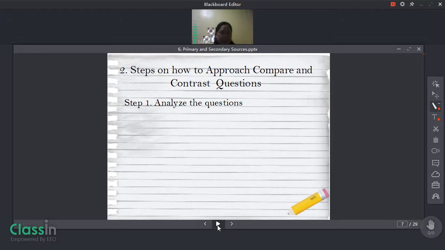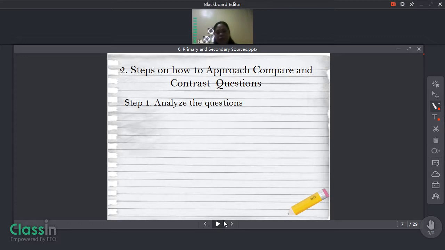In analyzing the questions, students must break the questions down into simplified parts, by focusing on the similarities and differences of opinions.